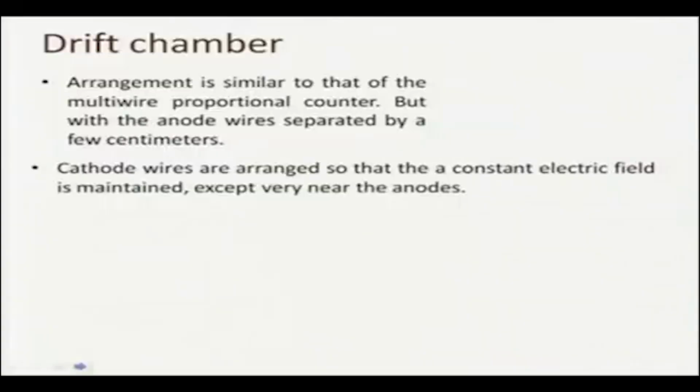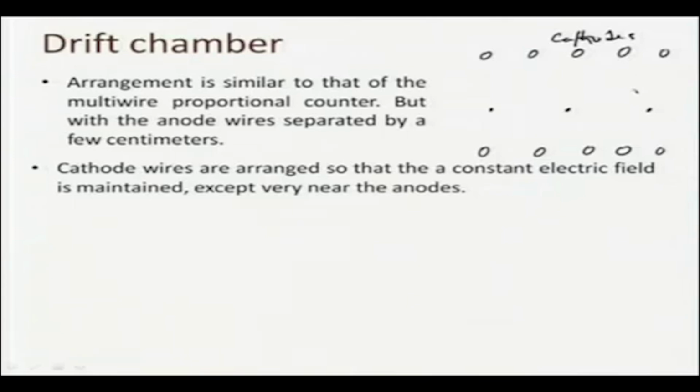In the case of a drift chamber, there is an arrangement of cathode wires and anode wires, so that there is reasonable separation between the anode wires, typically a few centimeters.